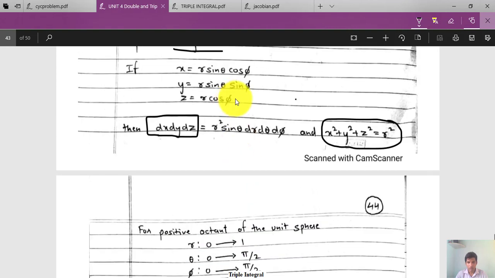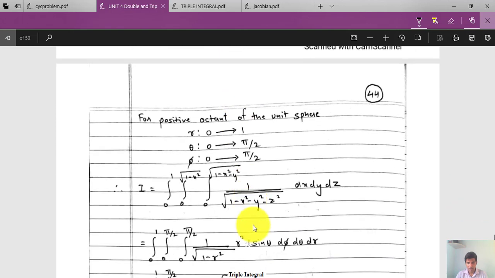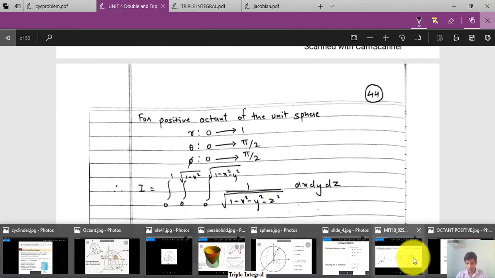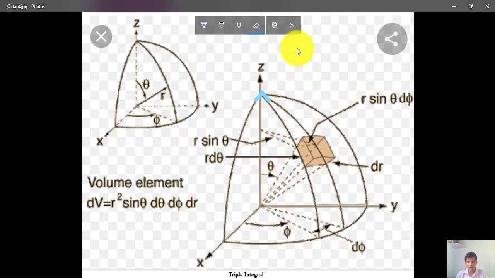See here, z is expressed in some angle, right? So phi is an angle, and now this is the positive octant. Fine. Now how is this varying?